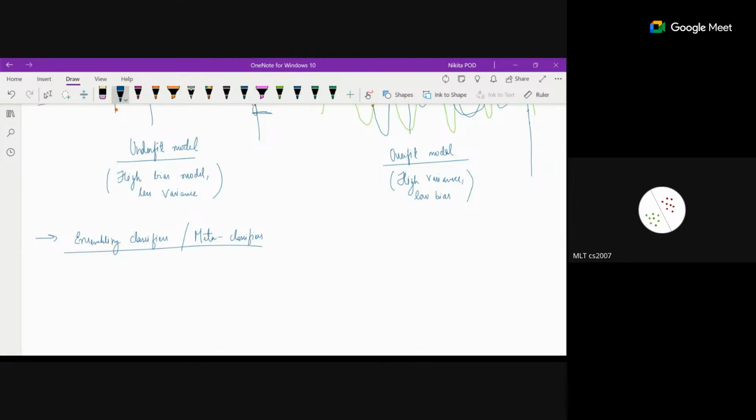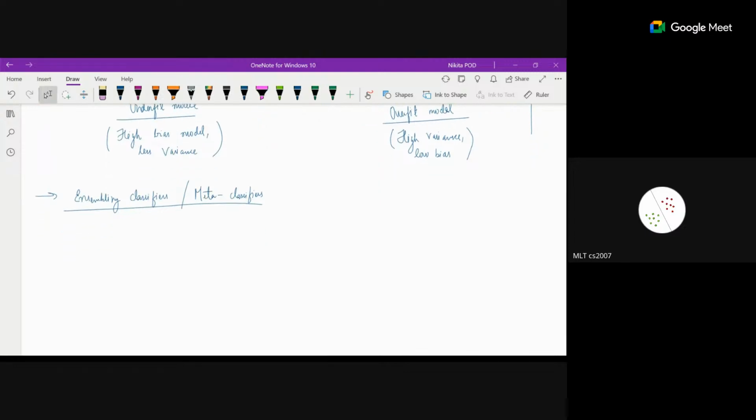To deal with this bias-variance trade-off, we are going to see two different ways.